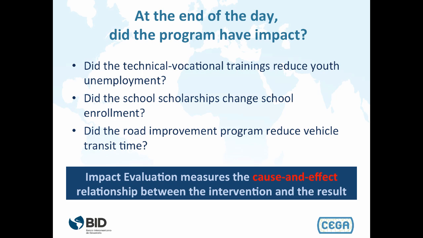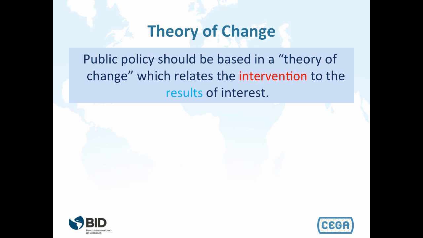Impact evaluation measures the cause and effect relationship between the intervention and the result. What we're interested in is how much of the change in outcome can be attributed to the program and policy versus other explanations. Public policy is based on a theory of change. It's a story which relates the intervention to the results of interest.